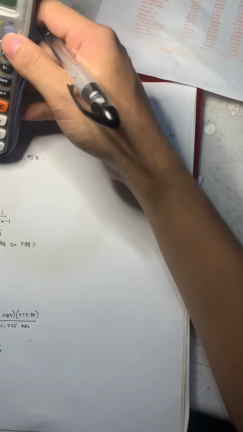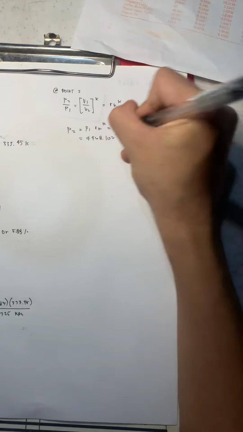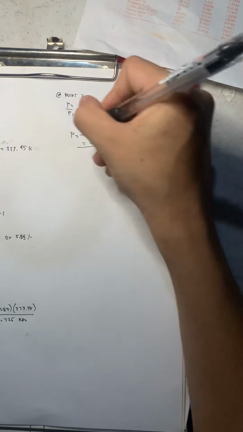By solving for this, we will get 4468.107 kPa. That's for P2.